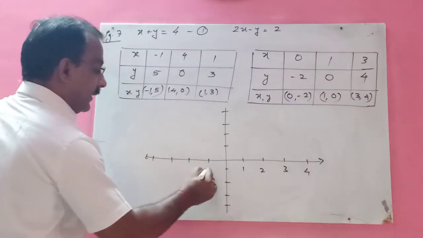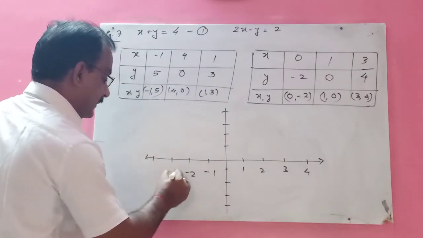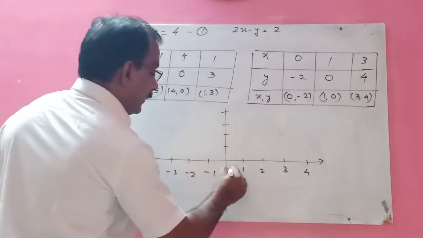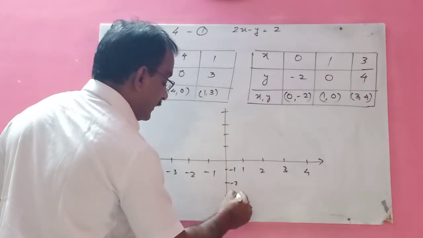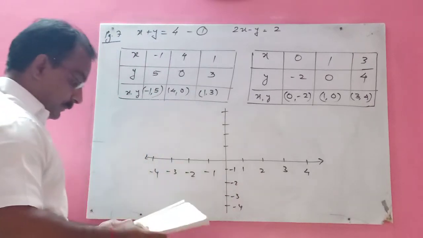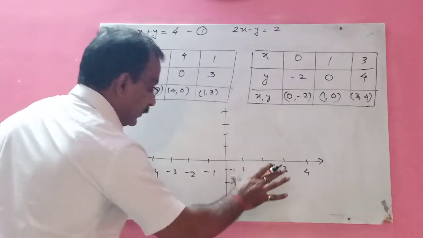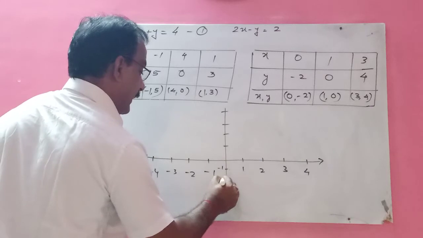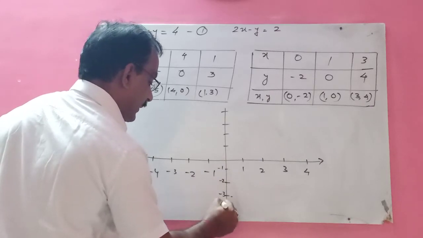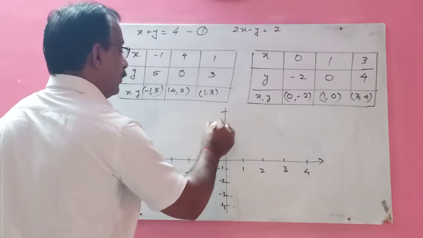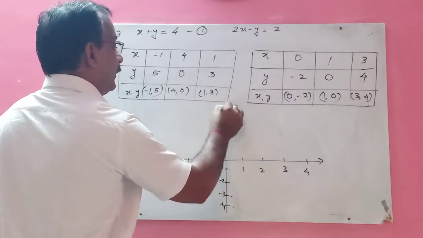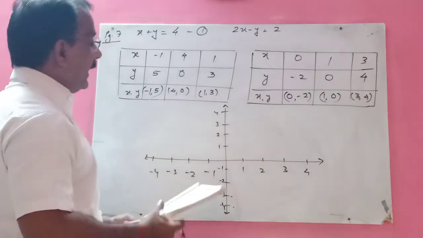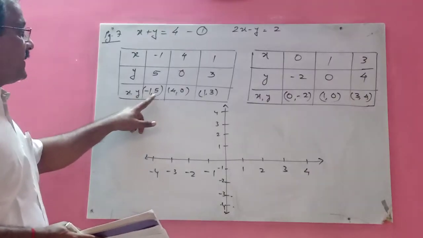Here also you will take minus 1, minus 2, minus 3, minus 4. Sorry, you should write this way: minus 1, minus 2, minus 3, minus 4, 1, 2, 3, 4. Okay. Then plot the points.